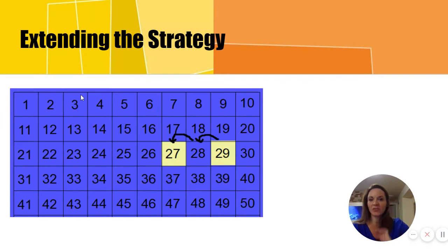We can extend this strategy to larger numbers. What is 29 minus 2? Start on 29 on our hundreds chart and count back 2. 28, 27. 29 minus 2 equals 27.